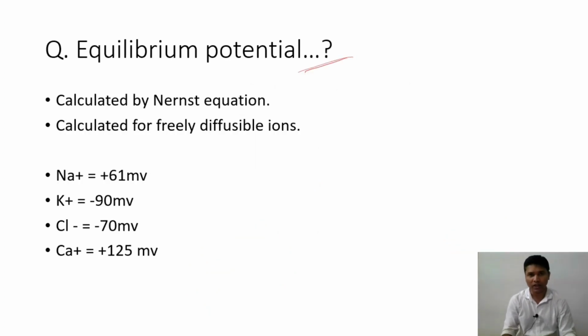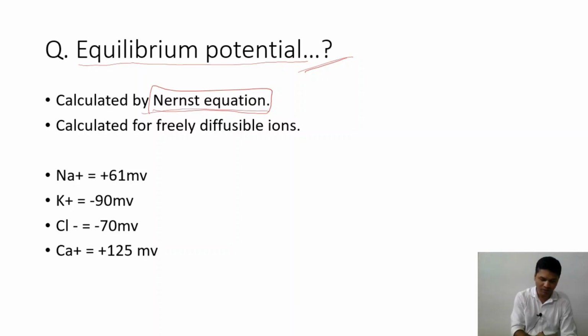And let's discuss the equilibrium potential. How will you calculate the equilibrium potential? With which equation? The Nernst equation. So this is the formula. With this you can calculate the equilibrium potential, and this is calculated for a freely diffusible ion, meaning it can go in and out freely.